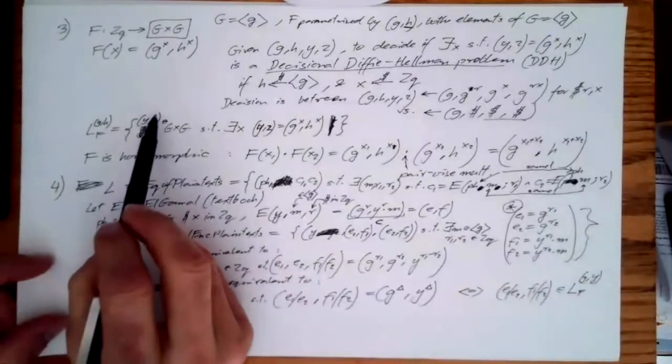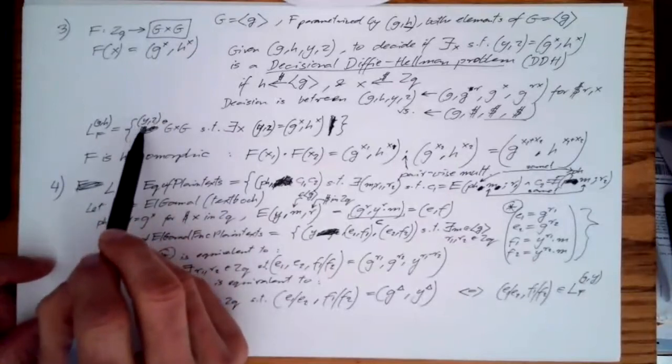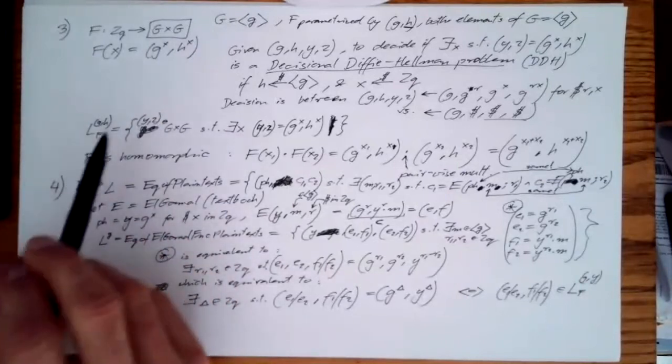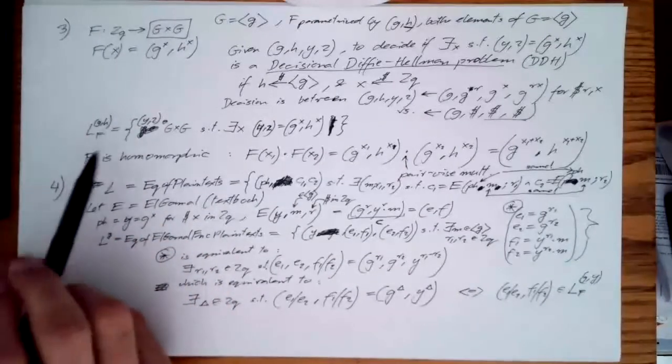Right. So the language of images of a one-way function, and this method will apply to, for example, this case, right?